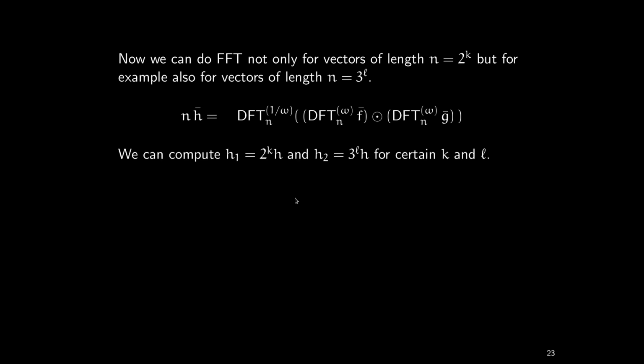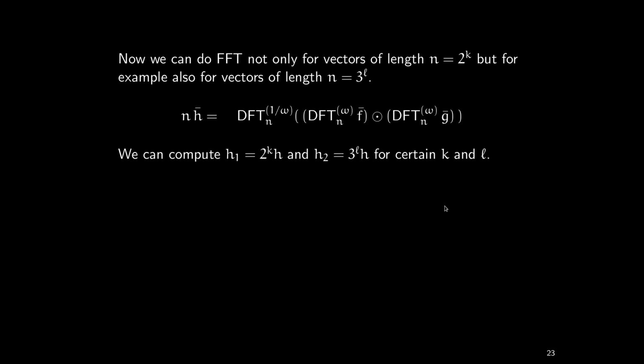Okay? So that means if I do this twice, one for this n and one for this n, then I can compute a certain multiple of what I want. Once with multiplier 2 to the k, and once with multiplier 3 to the l for certain k and l.